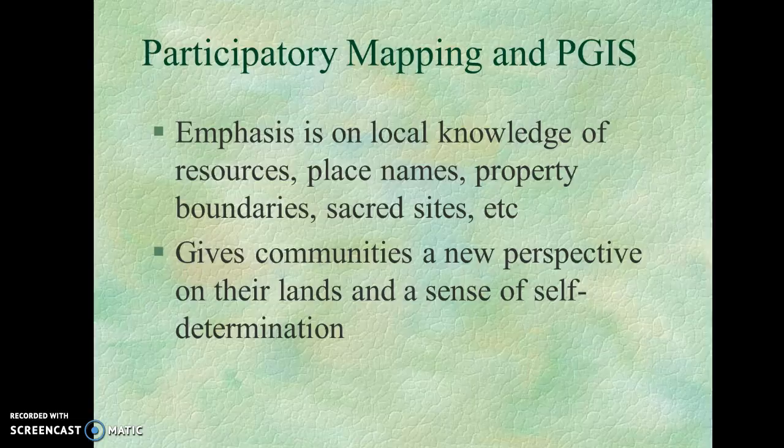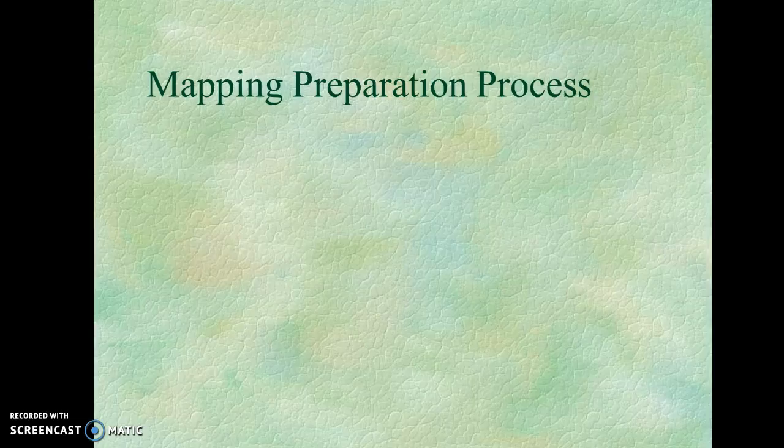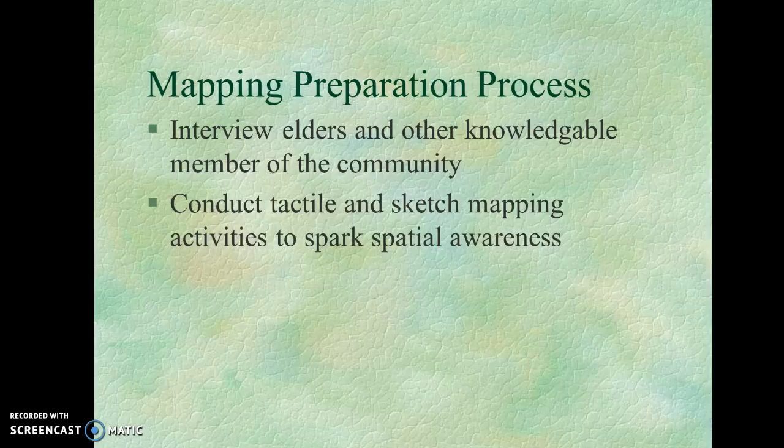This is the issue of social justice, that people have a need to be able to be engaged in their own fate, and it's an issue of justice to be able to provide this to people around the world. And so for some local communities, especially indigenous communities, this can involve retaining land rights. So in the map preparation process, we would go in and interview elders and others that are knowledgeable in the community.